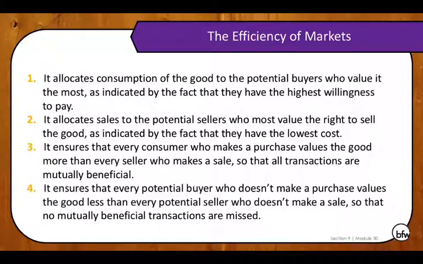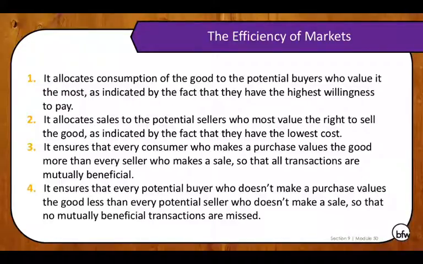An efficient market performs 4 important functions. Number 1, it allocates consumption of the good to the potential buyers who most value it, as indicated by the fact that they have the highest willingness to pay. 2, it allocates sales to the potential sellers who most value the right to sell the good, as indicated by the fact that they have the lowest cost. 3, it ensures that every consumer who makes a purchase values the good more than or equal to every seller who makes a sale, so that all transactions are mutually beneficial for both parties.